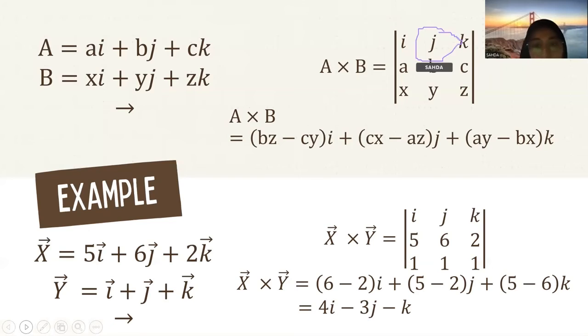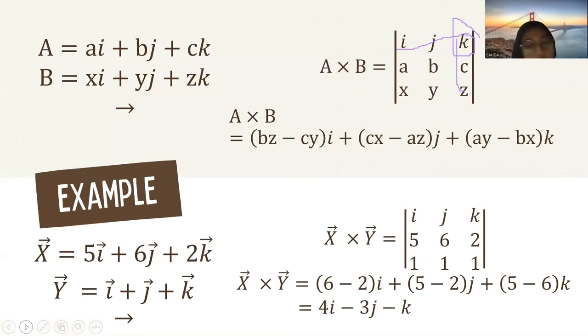You're going to cross out the column and row containing the j hat like this. And you have a times z and c times x. And this will be c times x minus a times z. This is for j hat. And the last is for k hat. Okay, you're going to cross out the column and the row, and you have a times y minus b times x.